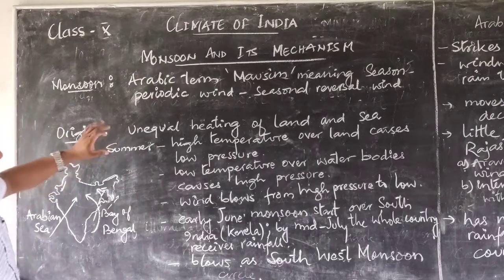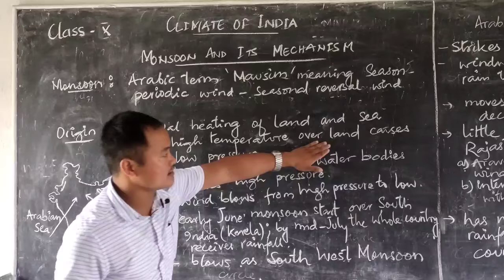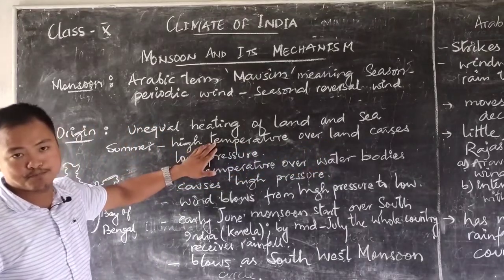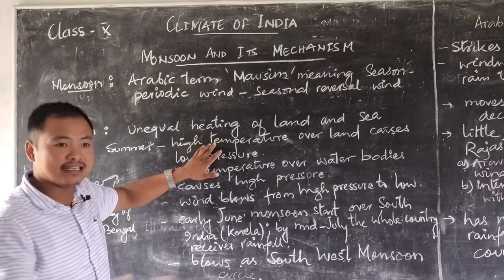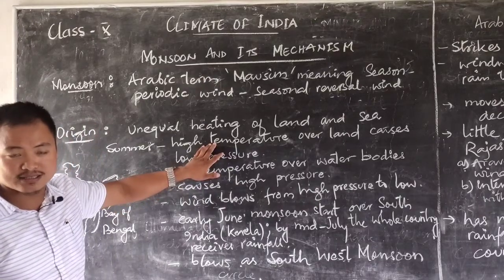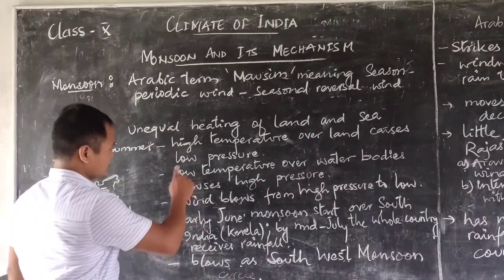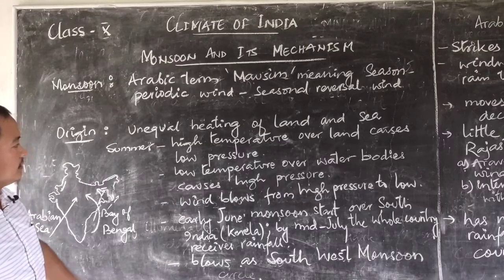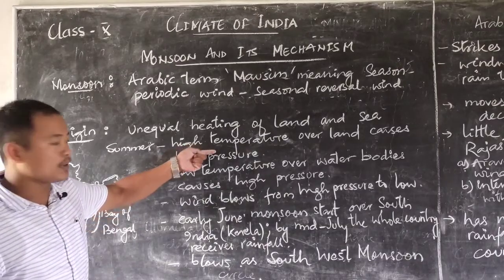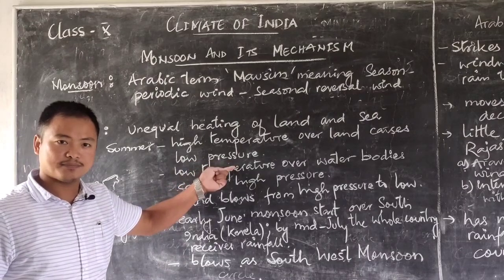So what we see here is during the summer season, the temperature over the land masses seems to be high, and this high temperature, as it heats all over the land masses, the air above that land also gets heated and hence generates a low pressure. That means temperature when increases, pressure decreases.